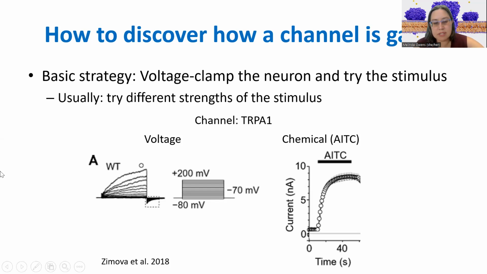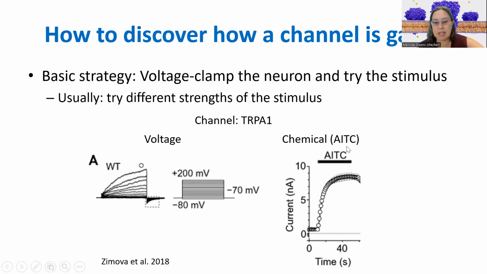And so here's an example, the channel TRPA1. This channel, like many other channels, actually responds to at least two different kinds of stimuli. There are some chemicals that will open this channel, and it's also voltage gated. And in this paper, they showed both of that.